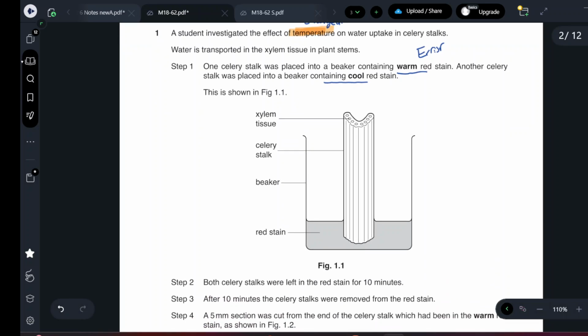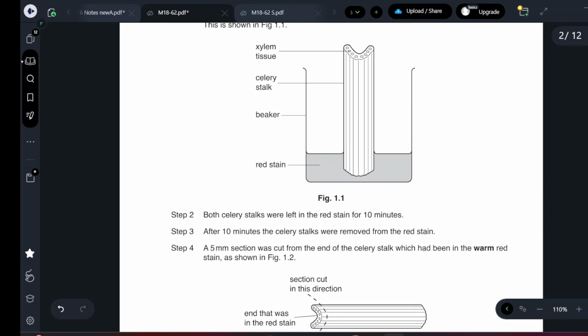Okay, I put the stem in the beaker with the red stain. Both celery stalks were left in the red stain for 10 minutes. You put the same type of plant in both beakers, and you left both for 10 minutes.